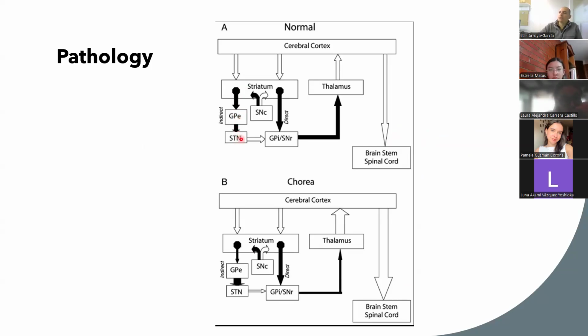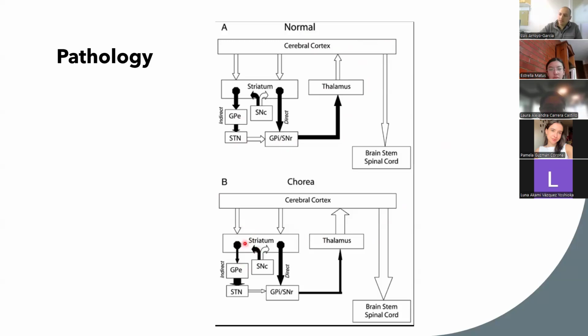Then we have another inhibition to the subthalamic nuclei, and then this excites the globus pallidus internus, and then we have an active inhibition of the thalamus, and then we have the activation of the cerebral cortex movement.